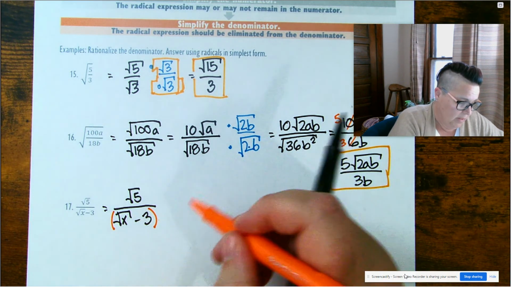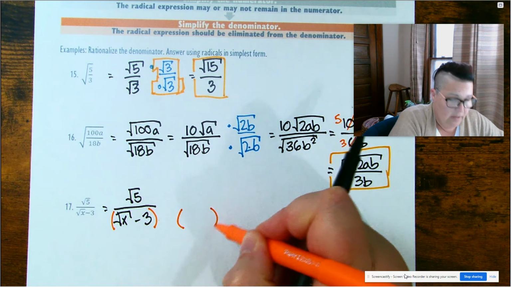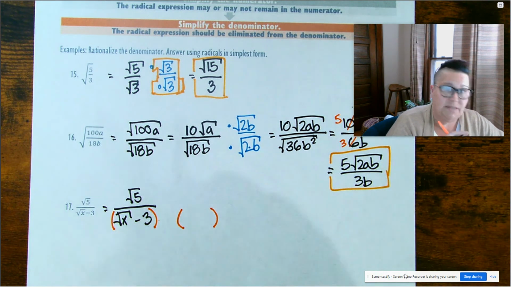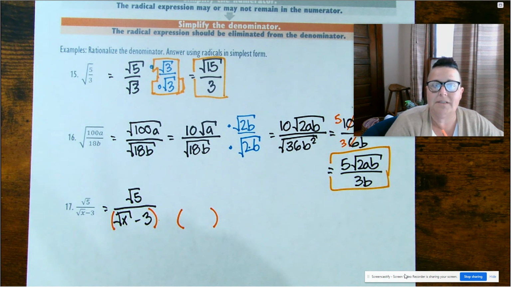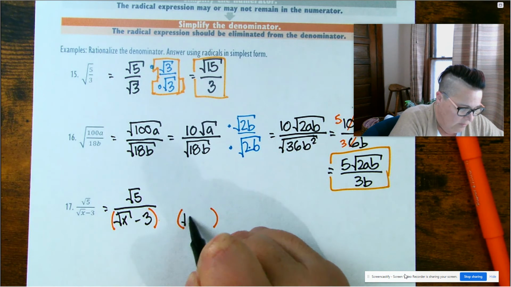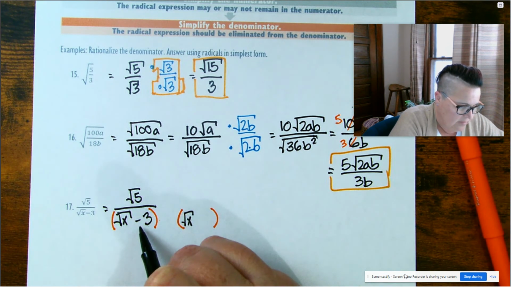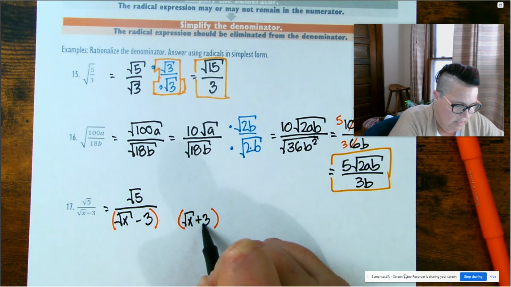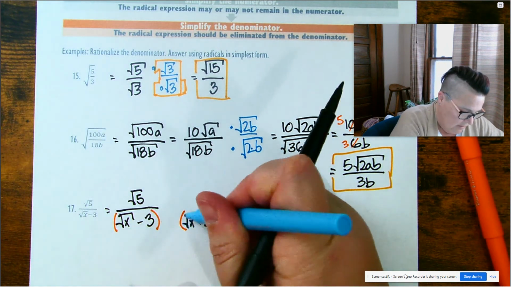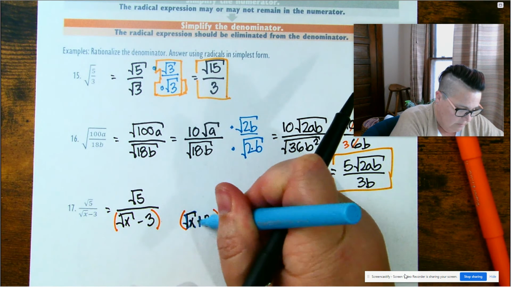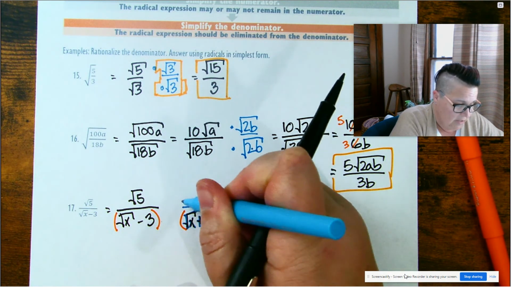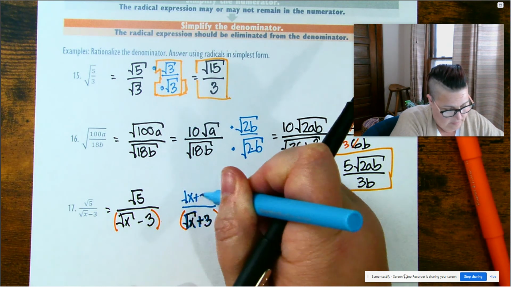I'm going to multiply this using the difference of squares. We did this in problem 14, I think it was, on the last page. So I'm going to multiply by the square root of x plus 3, in the numerator and in the denominator.